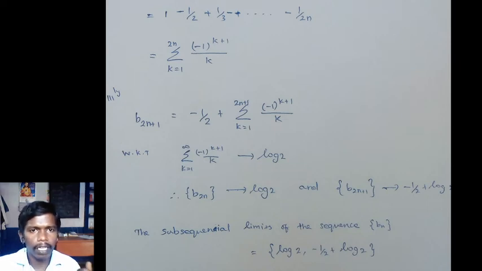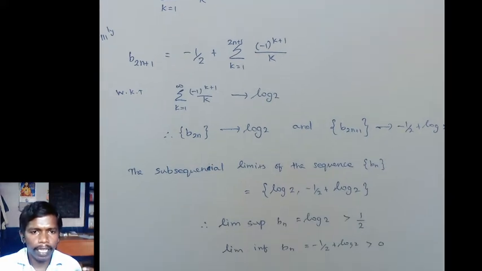Obviously, we know that this series converges to log 2. Therefore, b_2n converges to log 2. For b_(2n+1), here we have -1/2 plus summation k equal to 1 to 2n+1 of (-1)^(k+1)/k. Therefore, b_(2n+1) converges to -1/2 plus log 2.